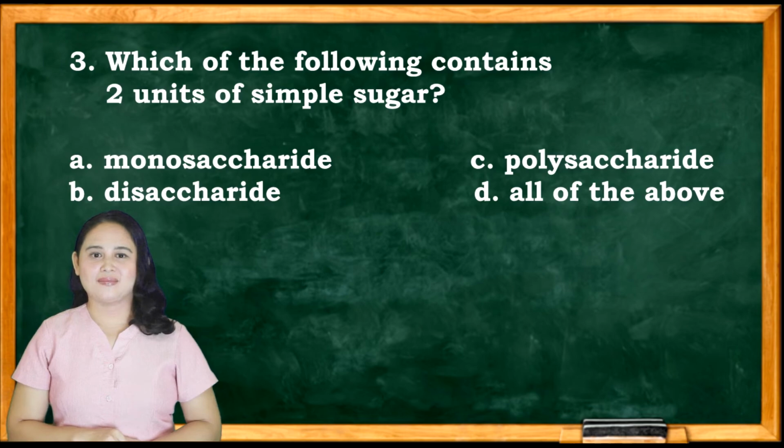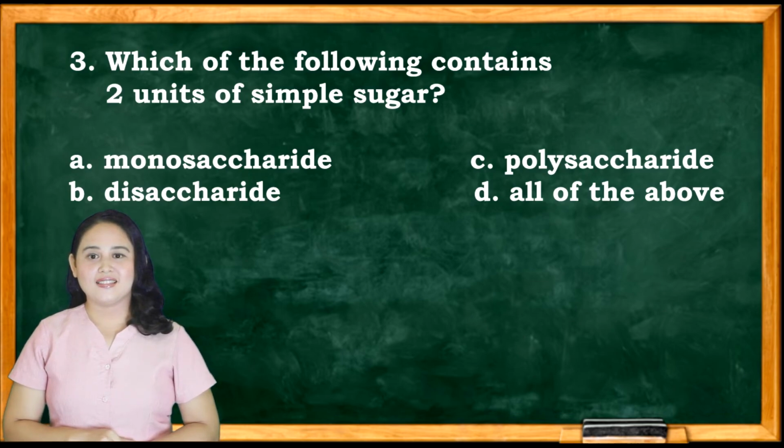Number 3. Which of the following contains 2 units of simple sugar? A. Monosaccharide. B. Disaccharide. C. Polysaccharide. And D. All of the above.